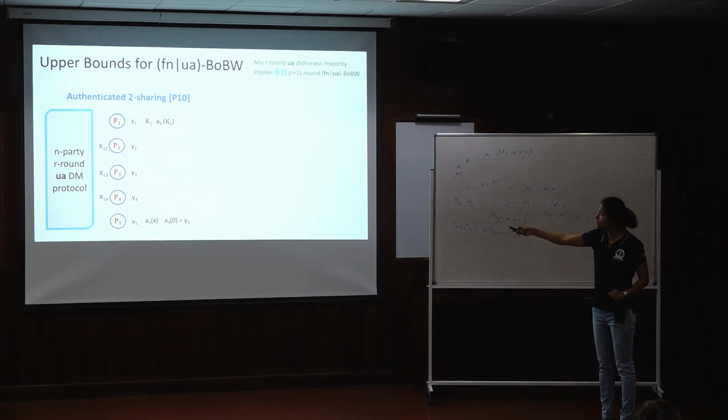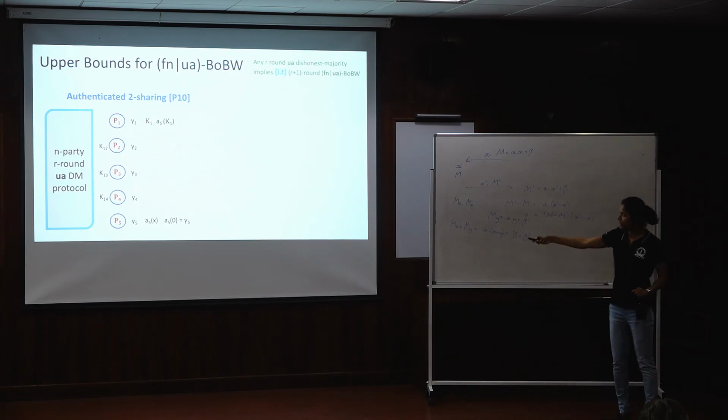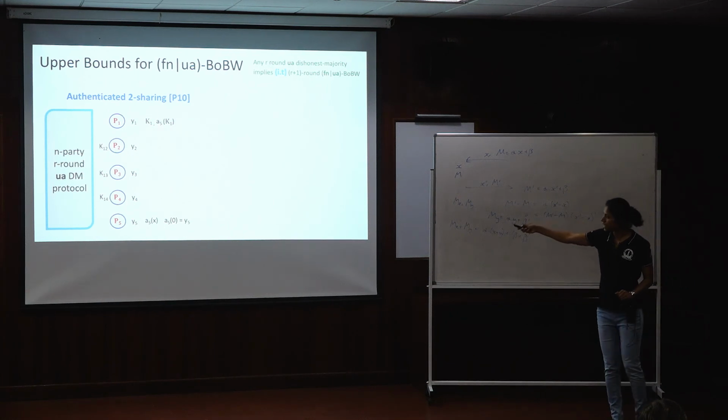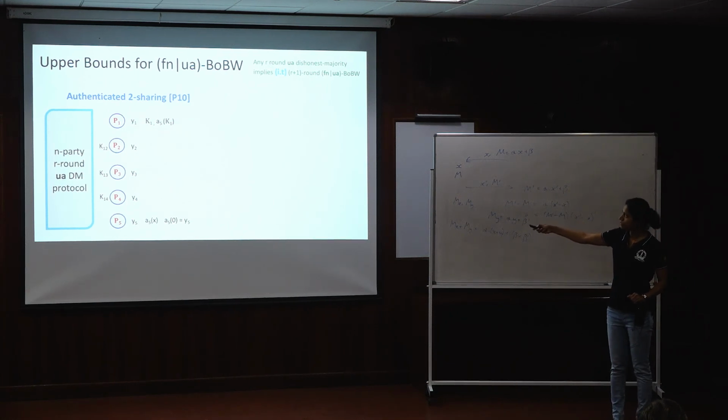So, these values are secret and held by these parties, and so this polynomial is the MAC, and this value is the secret evaluation point, and the evaluation of this polynomial on that point is the key.